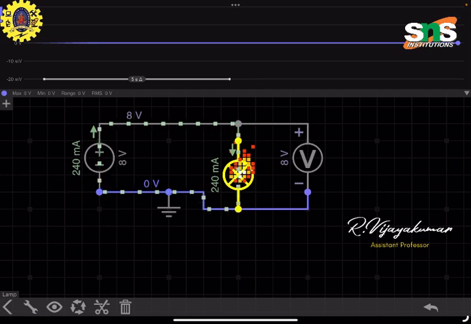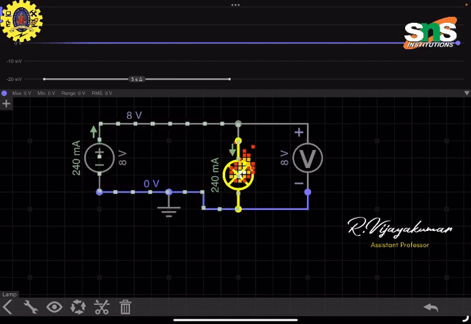This symbol denotes that the lamp is damaged, because the lamp operating voltage is 1 volt, but I am pushing 8 volts. In the last class, we said that in terms of current, if the load consumes 60 milliamps, the source can deliver 60 milliamps but has a capacity of 100 to 200 milliamps. That is not a matter. But we do not apply that method to voltage sources, because for voltage sources we need the exact voltage potential. Otherwise the load gets damaged.